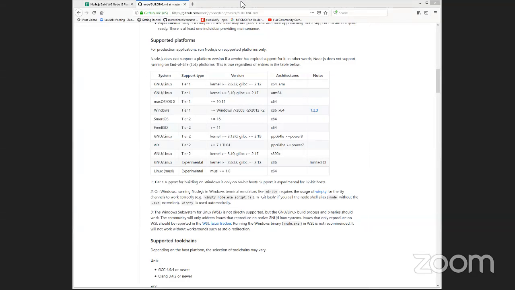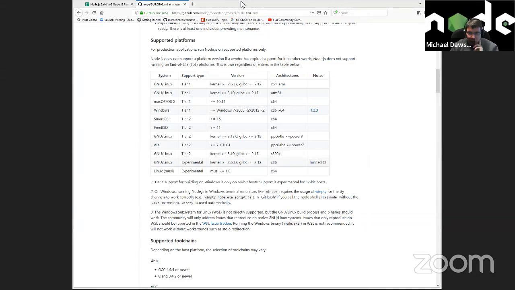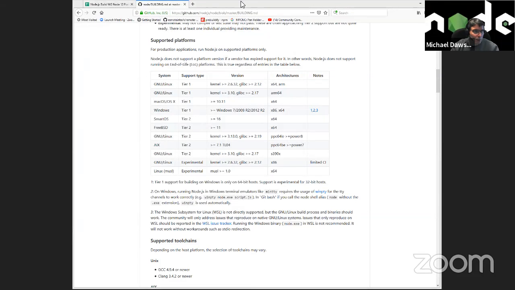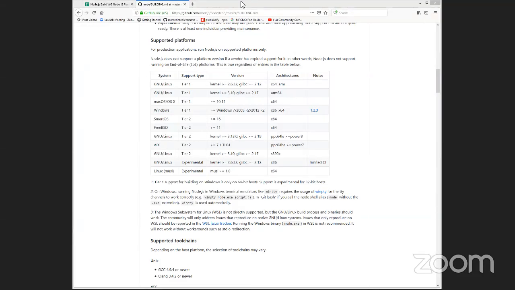So we've also got Linux on the IBM platforms. So that is S390X, PPC64LE. And there's the two Linuxes and then an AIX. And that's just for PPC LE.